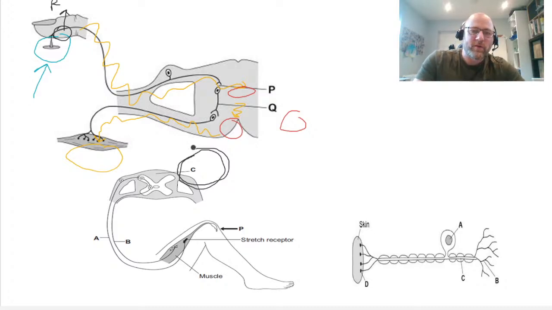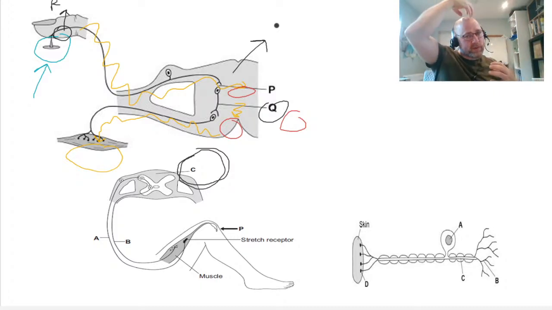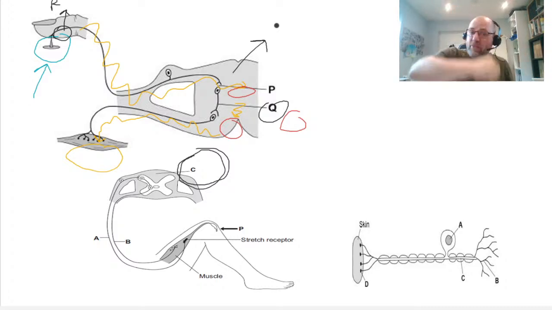The relay neuron is Q on this diagram, but C here, if they asked you to label this, that's the spinal cord. Yes, that's the spinal cord. So what you've got to watch out for is that the CNS, the central nervous system, contains the spinal cord and the brain, and relay neurons run through it. But you've got to be careful when talking about that.